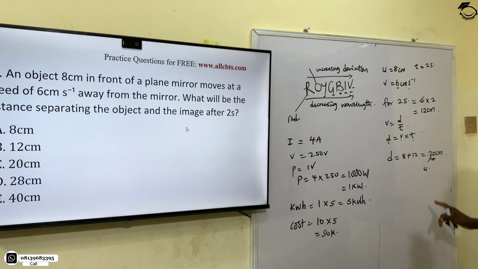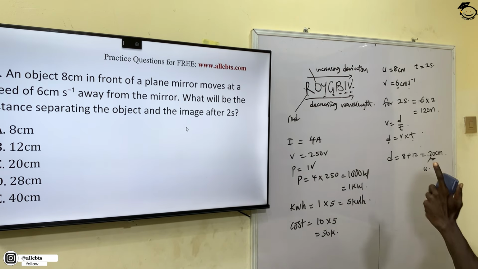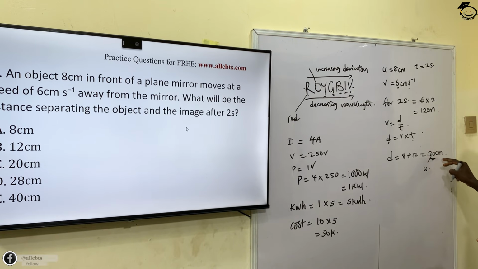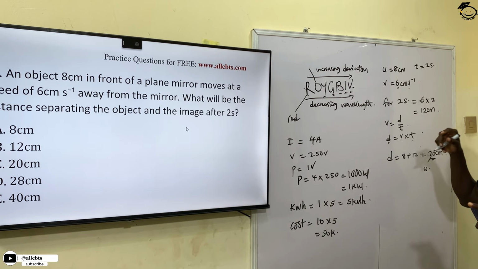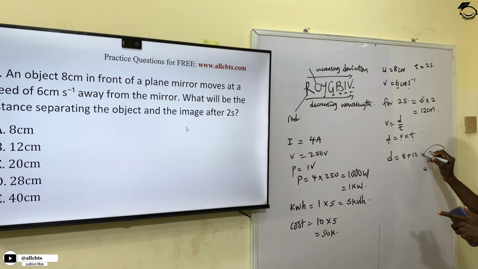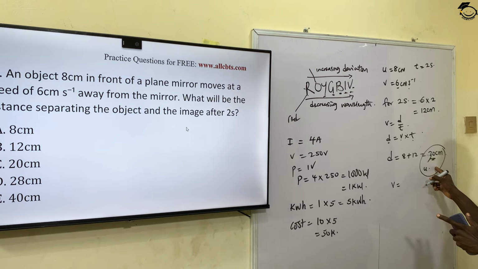But the question is, what is the distance separating the object and the image? If the object has a distance of 20 centimeters, it means that inside the mirror also, there will be a distance that is equivalent to the object distance. So the image distance there is also the same thing as the object distance.